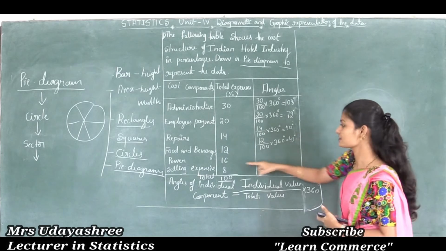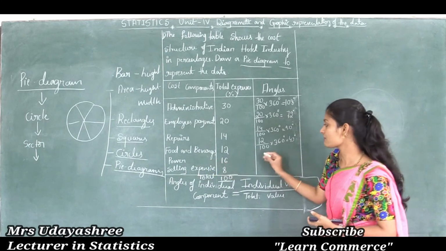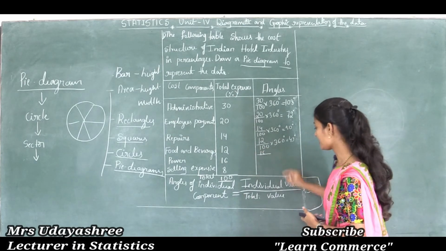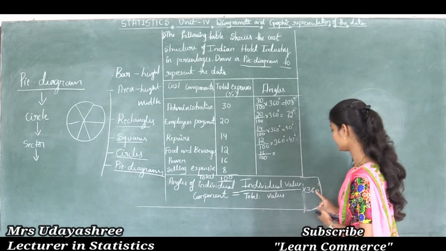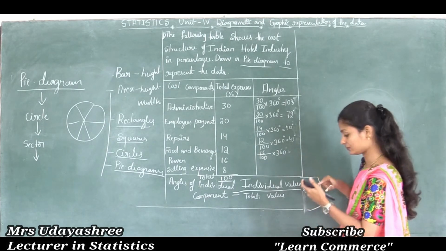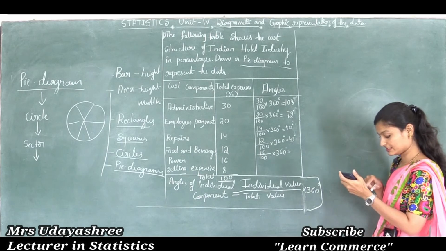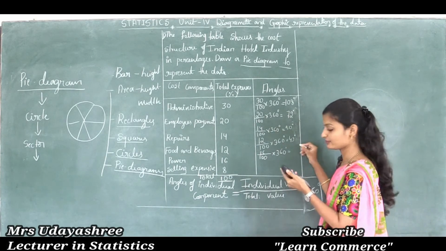Next individual component is power. Power individual value is 16. 16 divided by total value 100, into 360 degree. So this is equal to 16 divided by 100 into 360 degrees, 57.6.